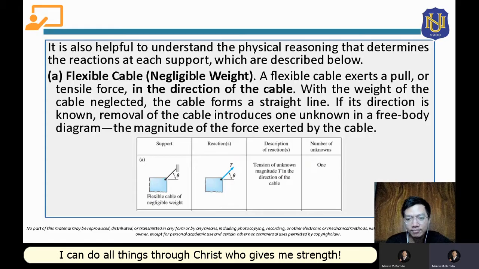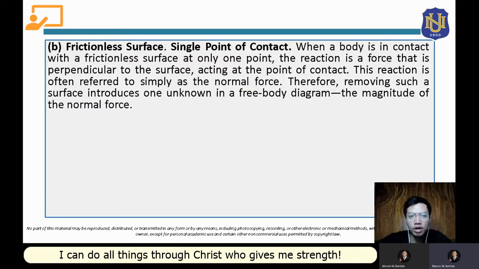So the second support that we're going to talk about is the frictionless surface. For this support, we will assume that the surface has no friction, because if you are going to consider friction, it will actually introduce another reaction force. So in this type of support, we will assume the surface is frictionless or smooth.